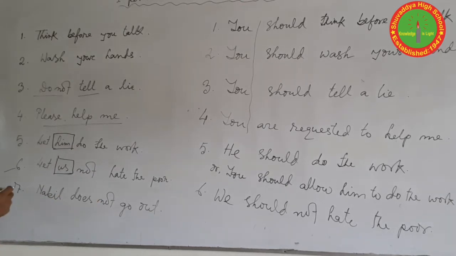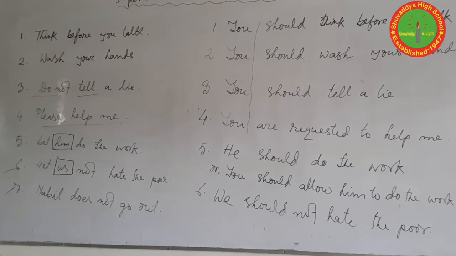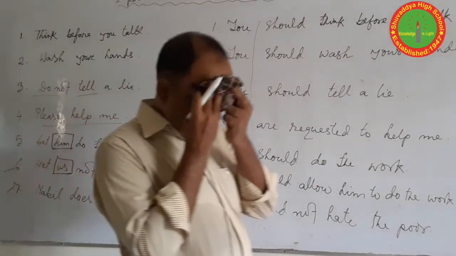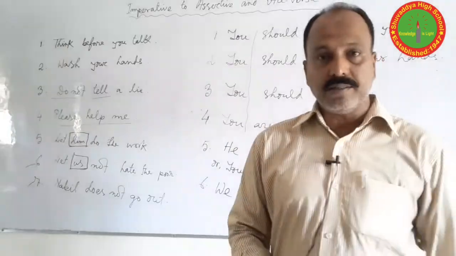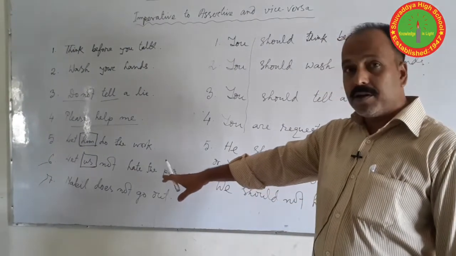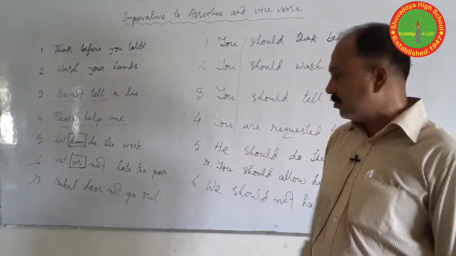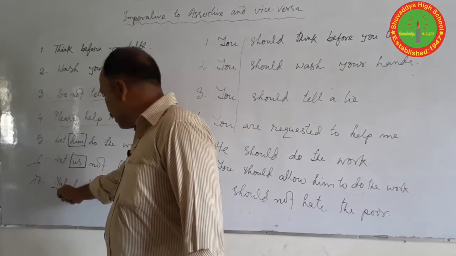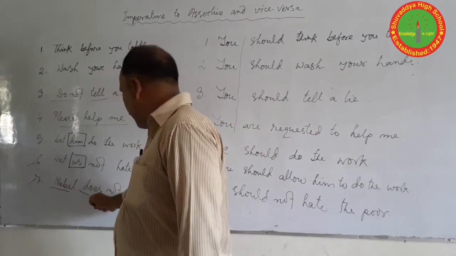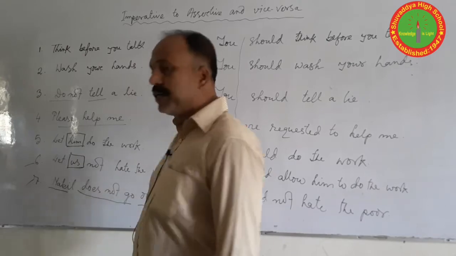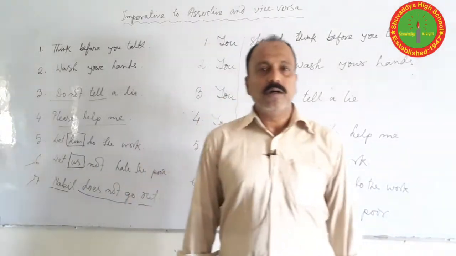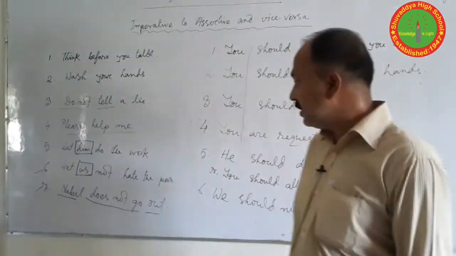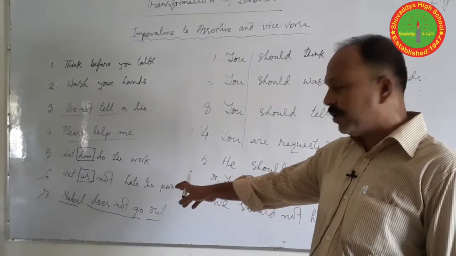So question number 7, Nabil doesn't go out. In this time we should not go out without wearing a mask. So Nabil doesn't go out. Here the subject Nabil and doesn't go out. Which sentence is this? First of all, you have to know the sentence. Is the sentence an imperative one?